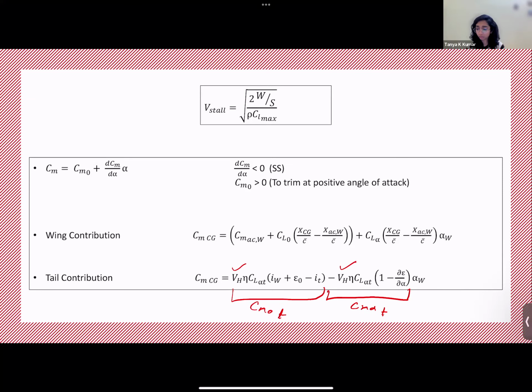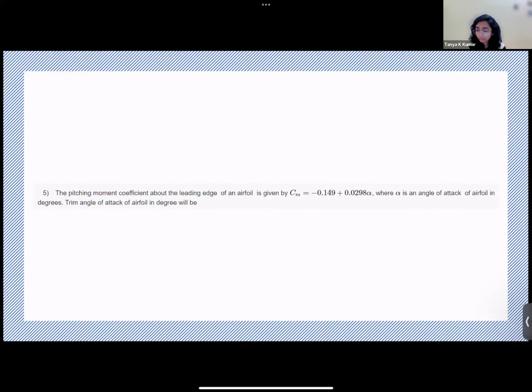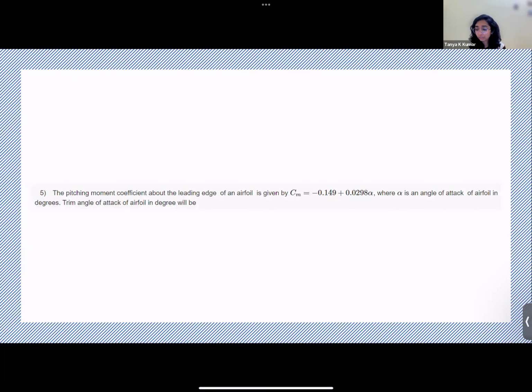Okay, next question. The pitching moment coefficient about the leading edge of an airfoil is given by Cm equals minus 0.149 plus 0.0298 alpha, where alpha is the angle of attack of the airfoil in degrees. What is the trim angle of attack of the airfoil in degrees?